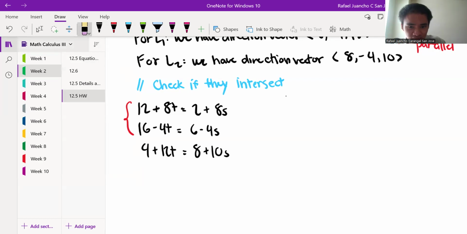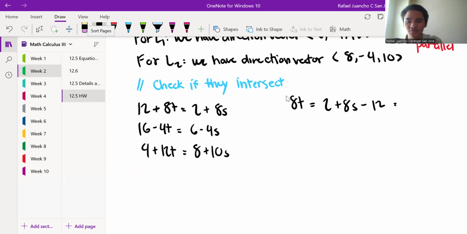Let's say I solve for t here. I was trying to see which one was easier. So we have 8t equals 2 plus 8s minus 12. What is that? That's 2 minus 12, -10 plus 8s.